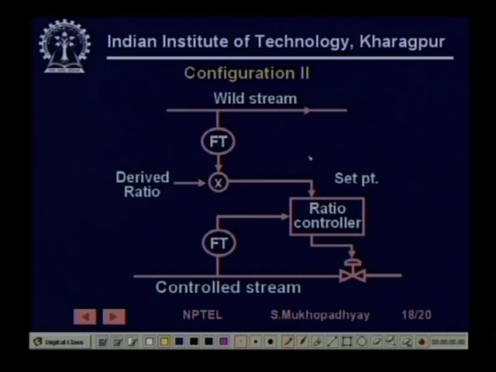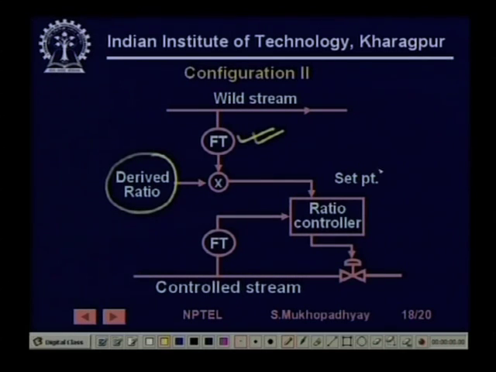There is another way by which you could do it. In this configuration, this time you are providing the set point from the wild stream. You measure the flow rate in the wild stream. If you multiply by the desired ratio, what do you get? You get how much of the controlled stream material should come at this flow rate of the wild stream.